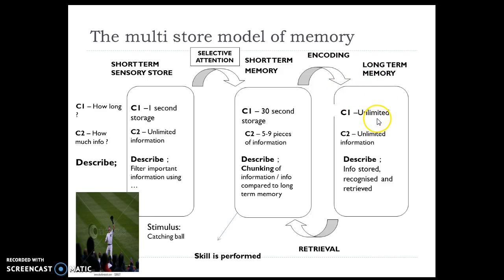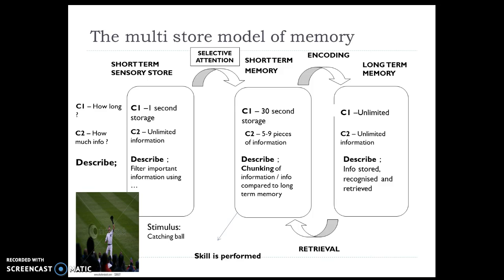If you imagine this in sporting terms, you are there in a field, you are waiting for a catch to come. Stage one, you filter the ball. You quickly assess the height and flight of the ball, and you compare the flight of the ball that is coming towards your hands to any catches you have already stored in your long-term memory, because your brain is like a computer.